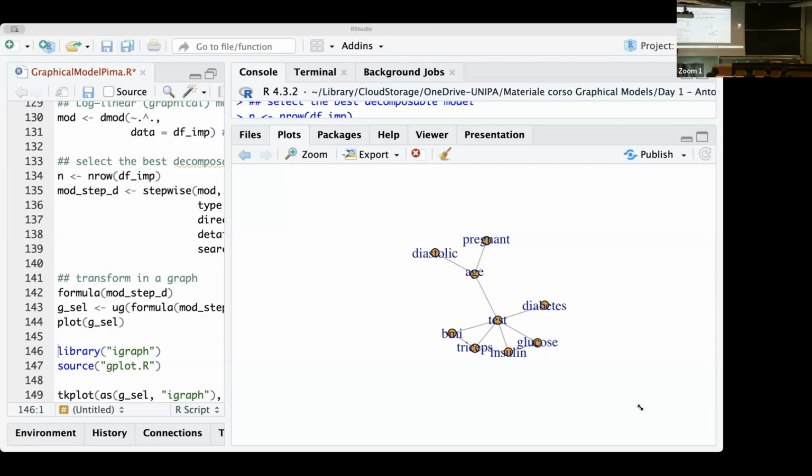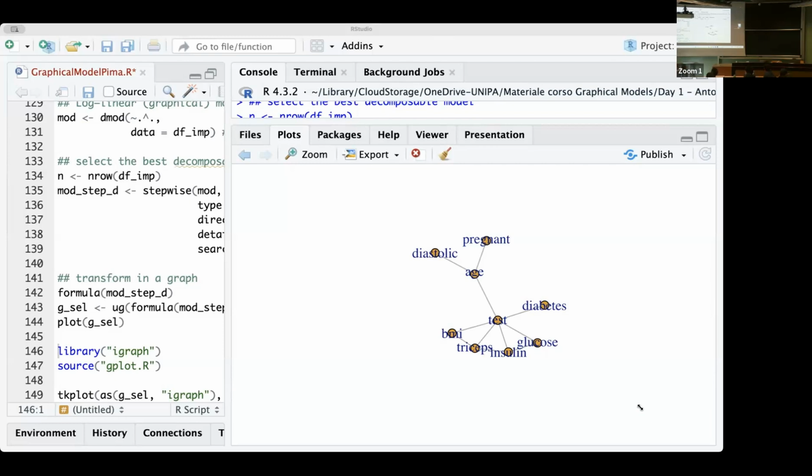And then we have this test. The test is about being diabetic or not.